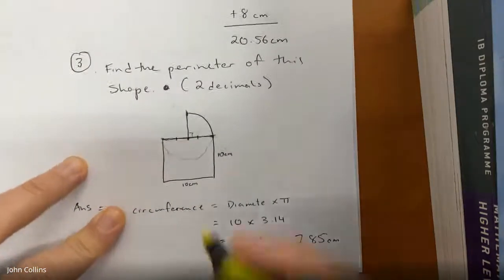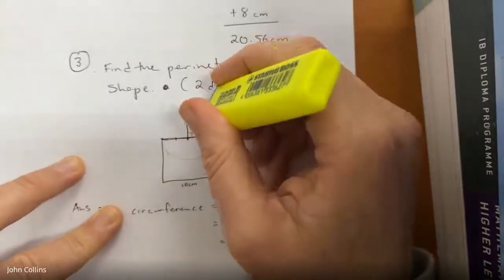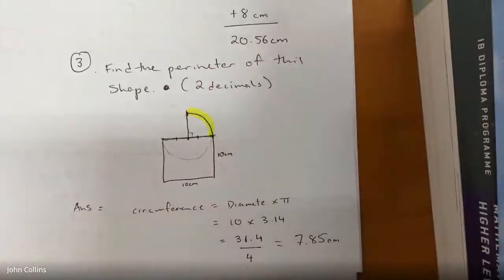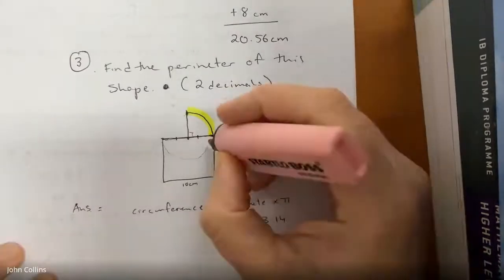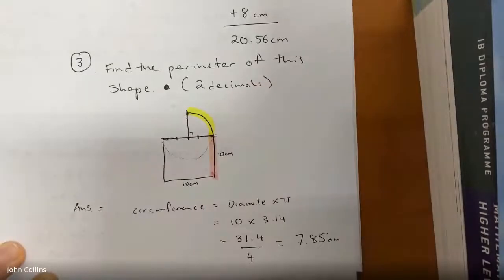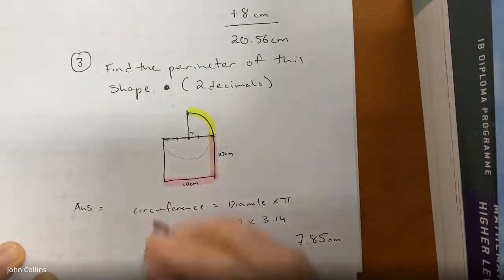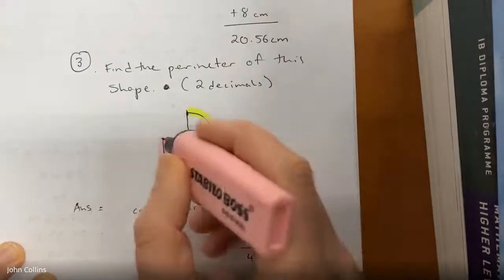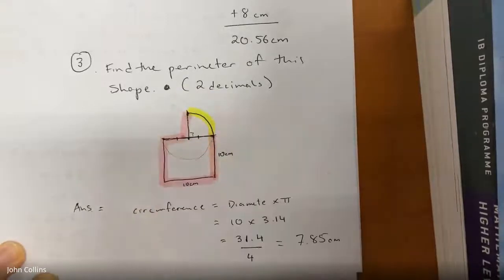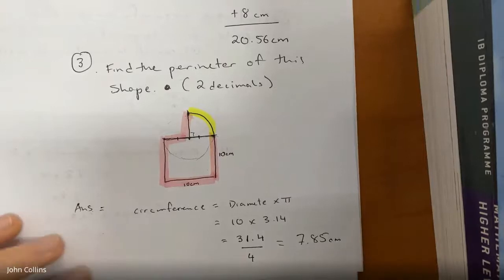Now, how much of the perimeter have I actually done here? I've only done this curvy bit. So I've got to include all the rest of the straight lines. The outside of the shape would include an extra 10, another 10, another 10, and then this bit, and then I have my shape all enclosed.